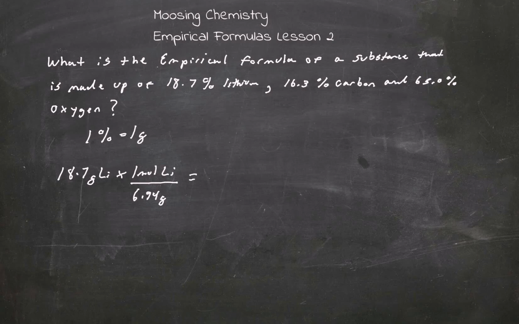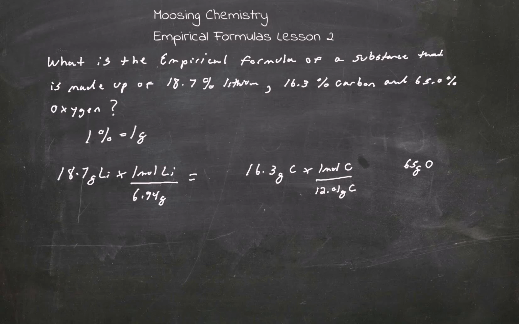It's got 16.3% carbon, so we're going to go 16.3 grams of carbon times 1 mole of carbon, and on the periodic table that's 12.01 grams of carbon per mole. And then, of course, oxygen, we have 65 grams of oxygen.